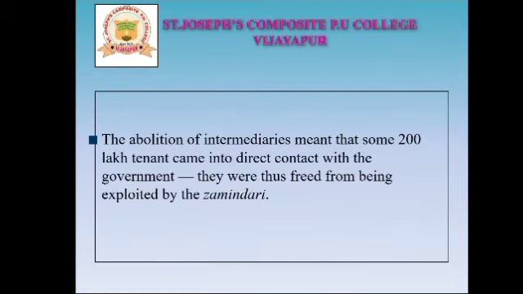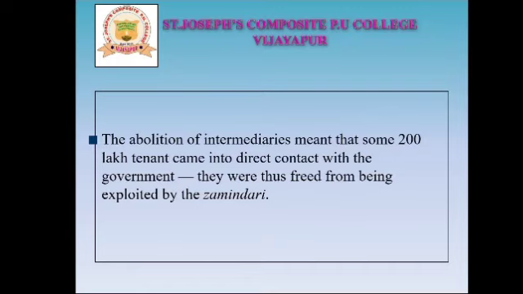And also the abolition of intermediaries meant that some 200 lakh tenant farmers came into direct contact with the government, and they were thus freed from being exploited by the zamindari.